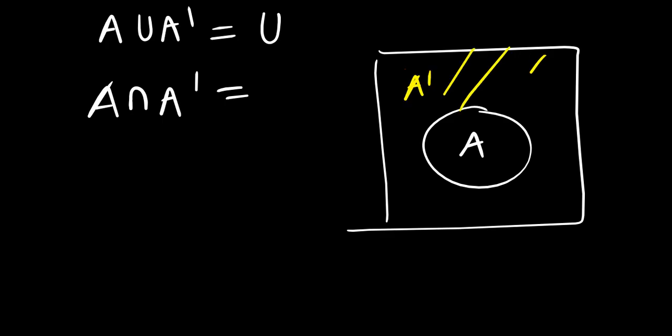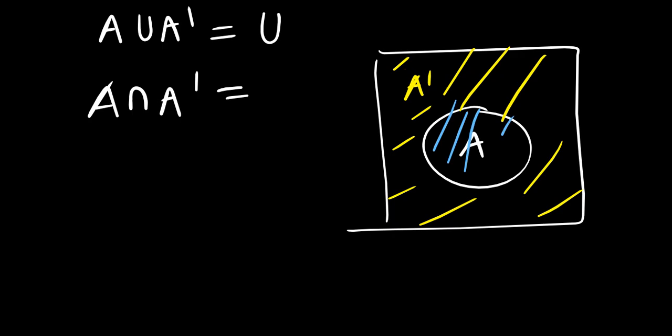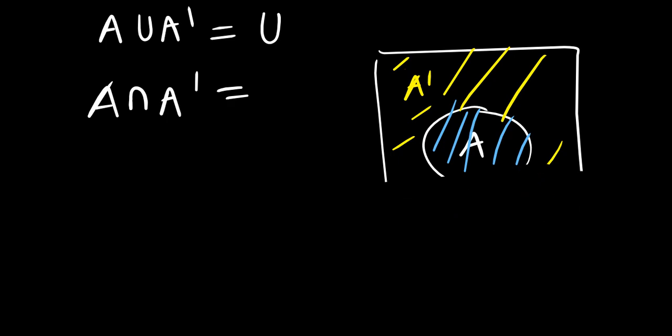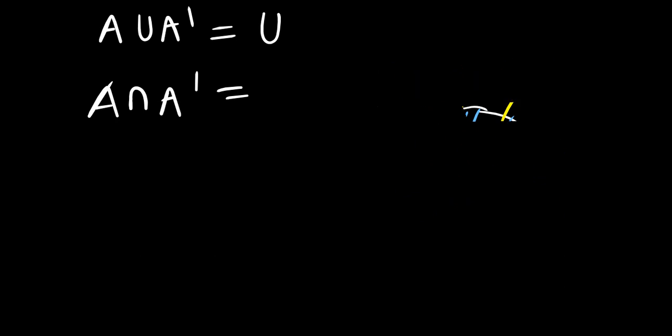So this is A complement. And our A, allow me to shade it in a different color. Now what is common, or what is found in A complement and in A? You're able to see that there is nothing. So because of that, our answer is going to be an empty set. You can denote it like that, or just use curly brackets without anything inside the brackets. So that's how you're going to solve that.